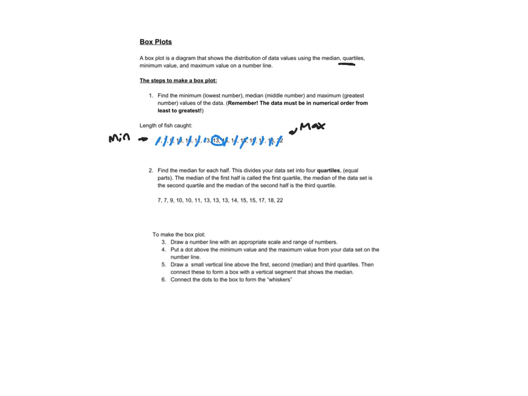So that number 13 is our median. The median is also our second quartile. Okay, and we'll show you why it's the second quartile in a minute. So we have our minimum, our maximum, and our median.